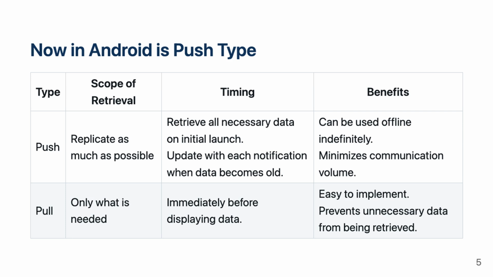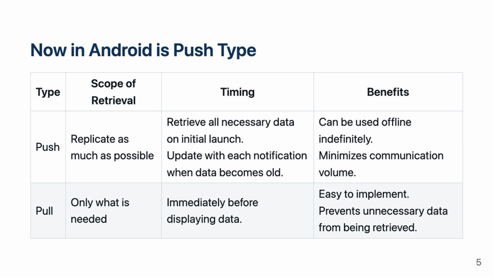Synchronization occurs at the initial startup and when a notification is received from the server. The data acquired during the initial startup becomes the baseline, and subsequent updates are based on the differences received in each notification. The advantages of the push model are that it can be used offline indefinitely and minimizes the amount of communication required.